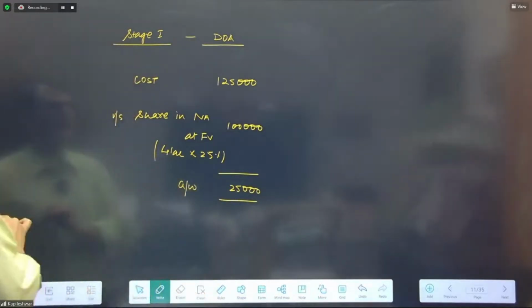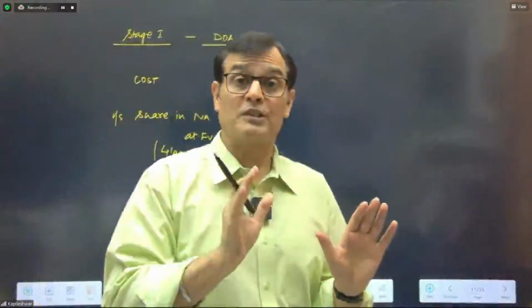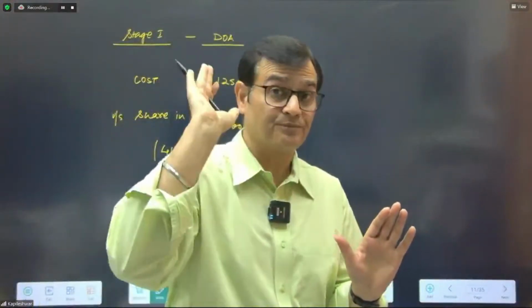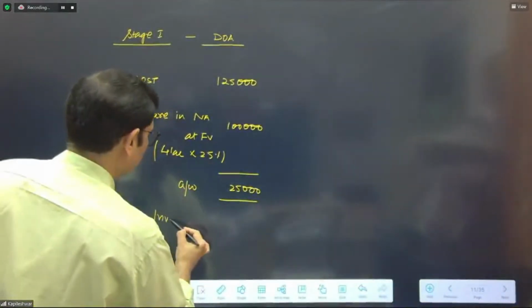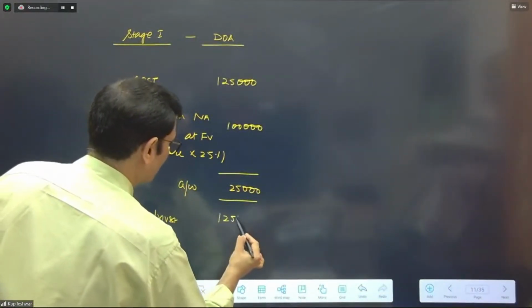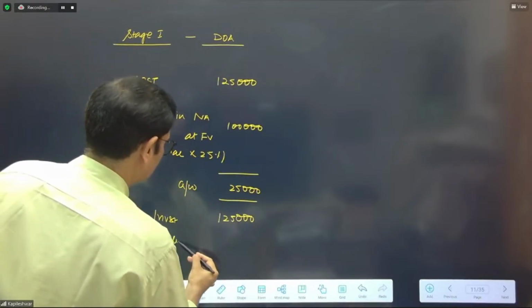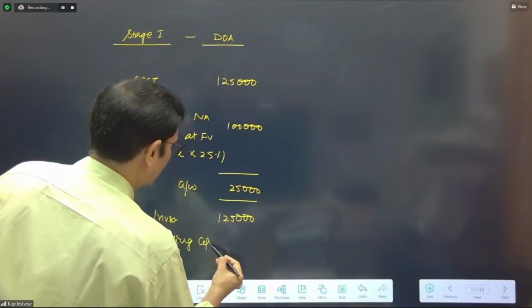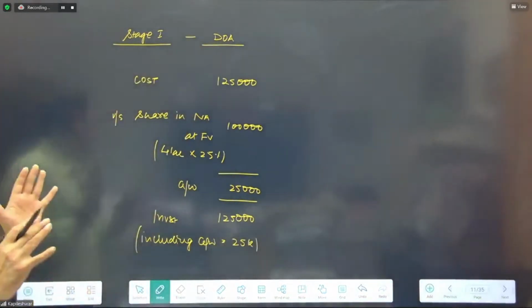This is the goodwill identified on the date of acquisition. Stage 1 is done. Investment is 125 and this includes goodwill of 25. We can make a mention that the investment is 125 including the goodwill identified to the extent of 25,000, disclosed in the inner column.